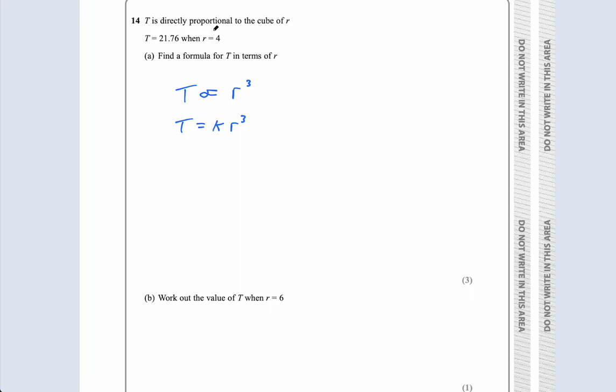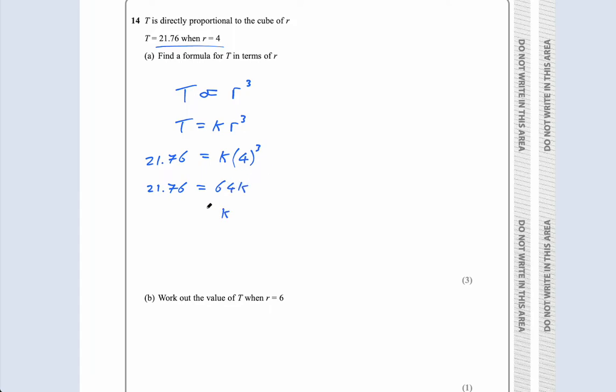So the first goal is to find k. So we sub in these values. 21.76 for T, and 4 for r. That's k times 4 cubed, which is 64, by the way. So 21.76 equals 64 k.